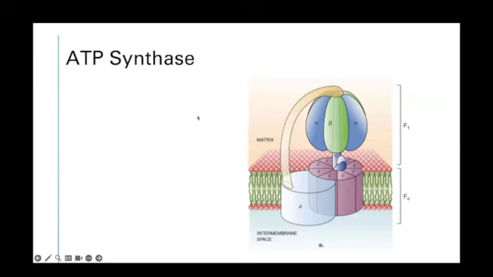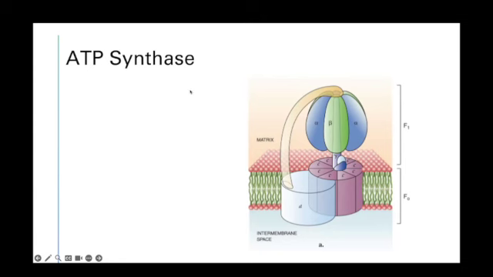The F0 subunit is a ring consisting of 8 C subunits. You can see them all right here. And this subunit right here is attached to the F1 ring to kind of stabilize it. Our F1 ring has 3 alpha and 3 beta subunits surrounding a gamma shaft.